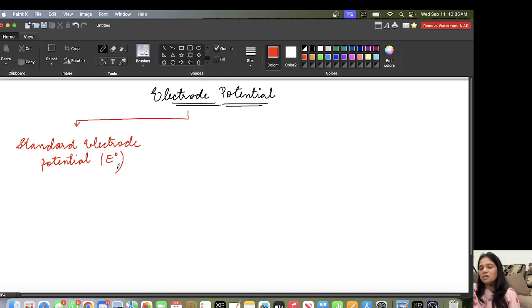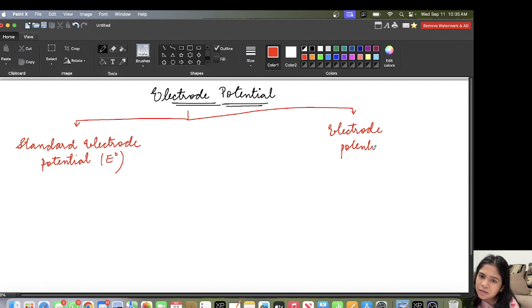Naught is just a sign, a small circle over your E. That's your standard electrode potential. The next kind of electrode potential is your simple electrode potential, and this is represented by E.